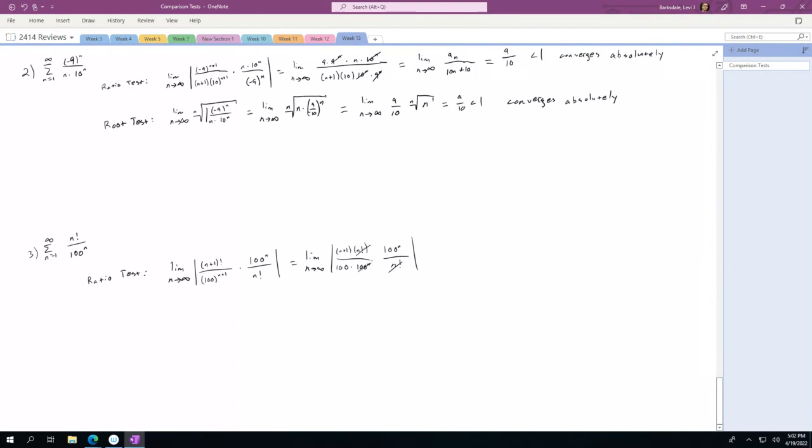And I can cancel my n factorials, I can cancel my 100 to the n's. And what I see is that I actually have the limit as n goes to infinity of n plus 1 over 100, which is of course infinity. Now infinity is larger than 1, so this one actually diverges by the ratio test.